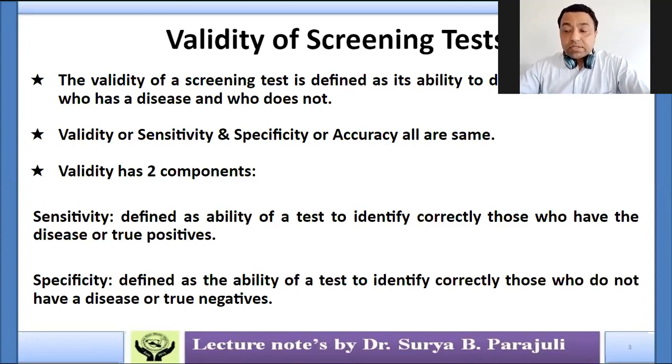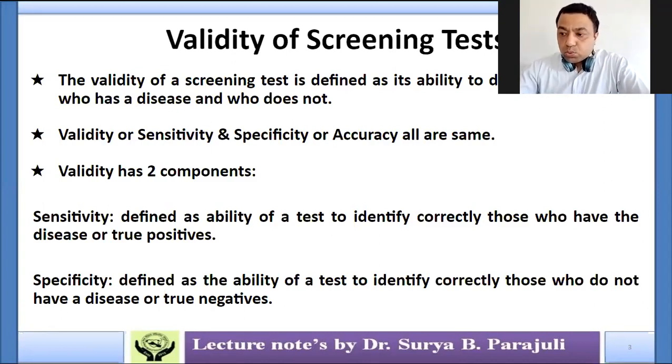Sensitivity. What is the definition of sensitivity? It's the ability of a test, a screening test, or like an RDT kit for COVID-19, to identify correctly those who have the disease, or true positive. This is called sensitivity. And specificity is defined as the ability of the test to identify correctly those who do not have the disease, or true negative.